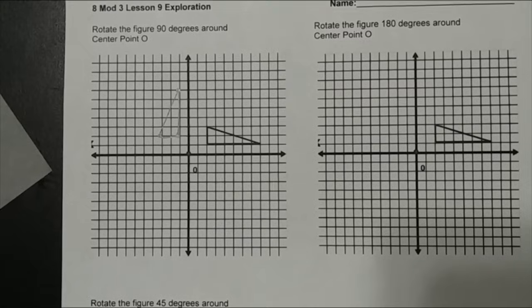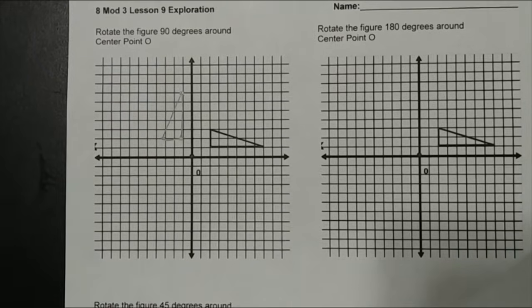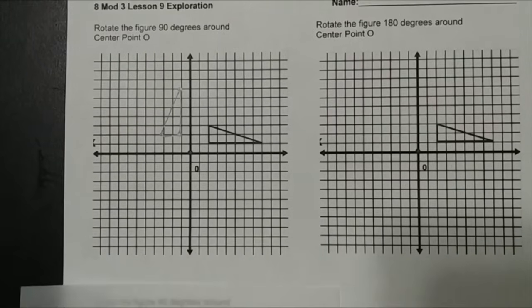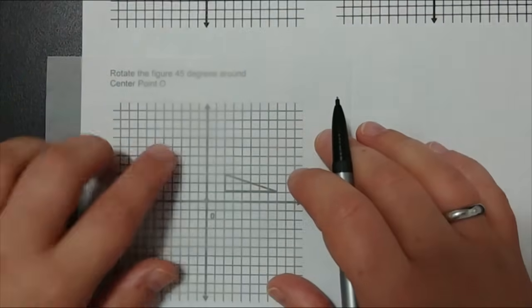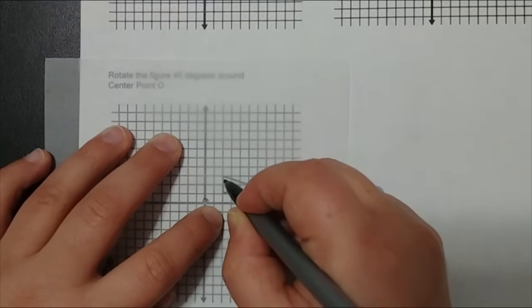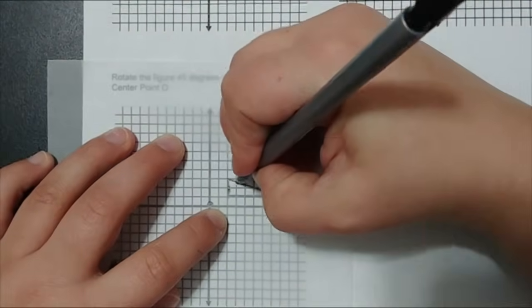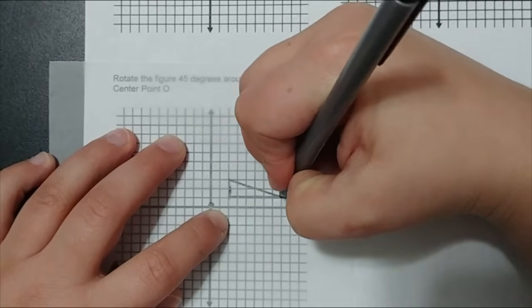Let's look at our next rotation, which is our 45-degree rotation. All right, so we got 45 degrees. So we trace our center point, trace our triangle. I'm going to try to do a better job this time.